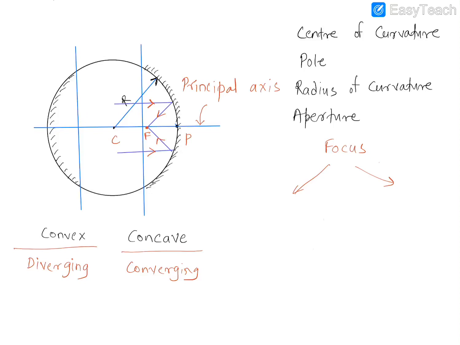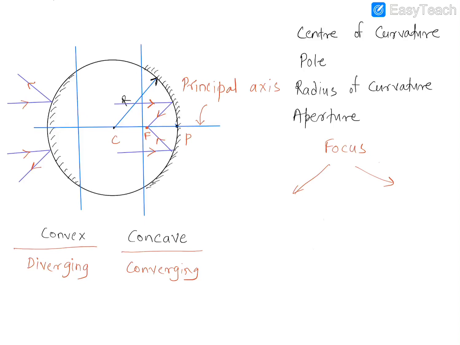Is it clear? Same way, if there are light rays coming parallel to the principal axis here, then this will also get reflected back. But see how it gets reflected back. Say this one has got reflected back like this, and the other light ray also got reflected back like this. If you notice, first, the light rays are reflecting back in a diverging manner.